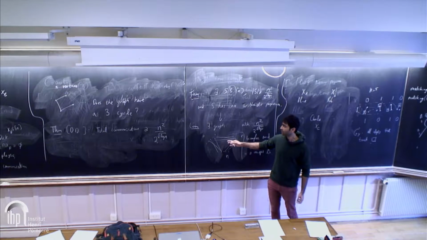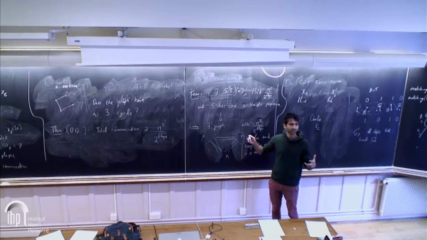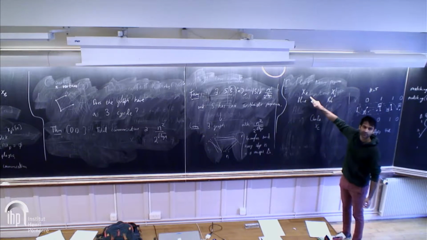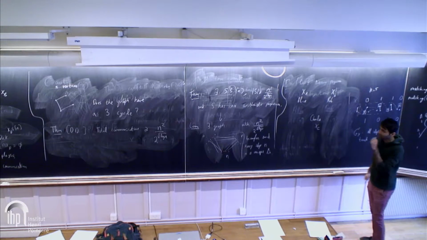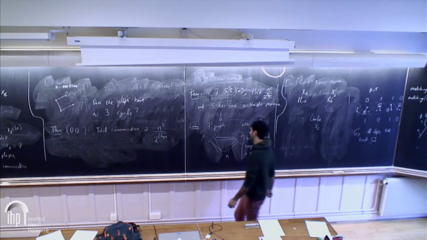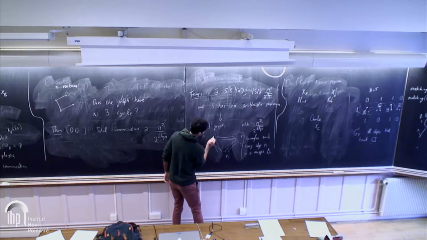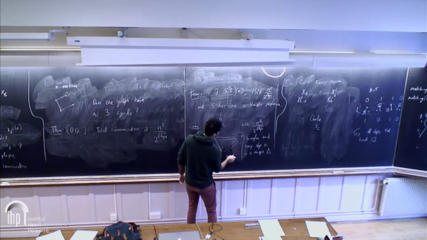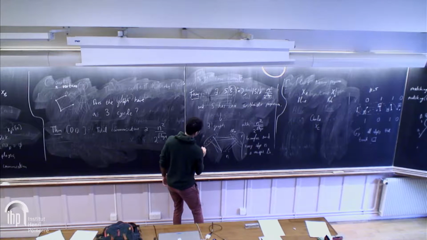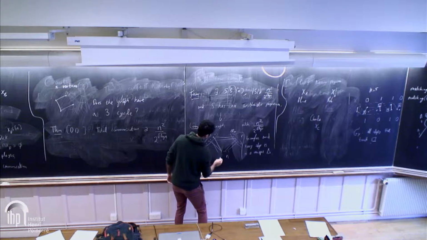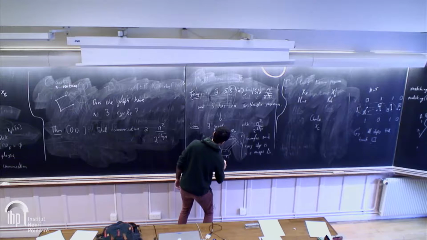So every triangle is a potential element in the universe. And Alice has a set of triangles, Bob has a set of triangles, and Charlie has a set of triangles. Suppose Alice controls this, Bob controls this, and Charlie controls this.